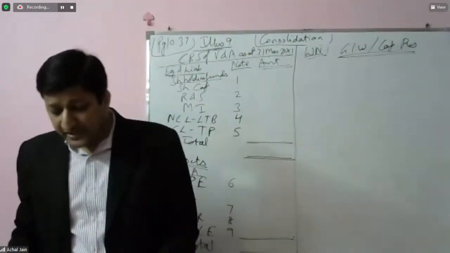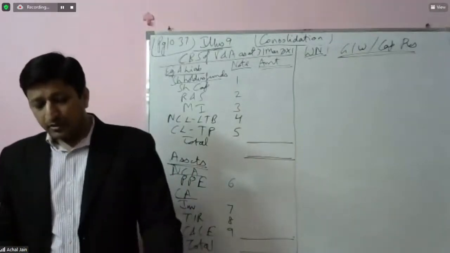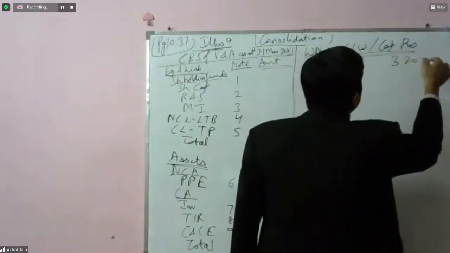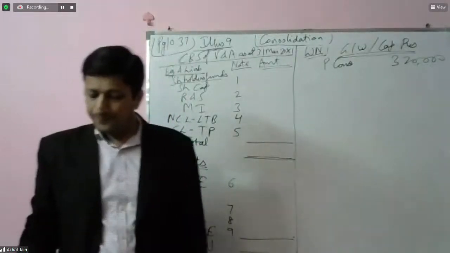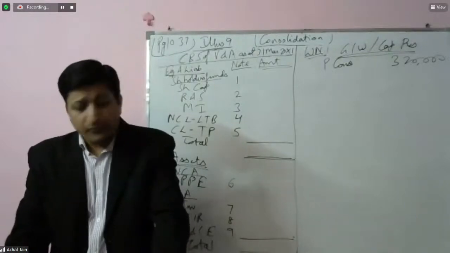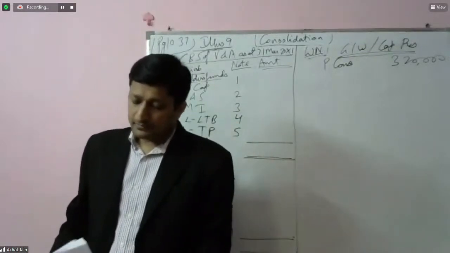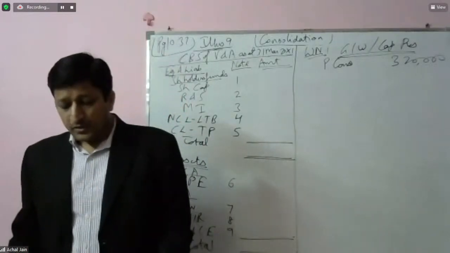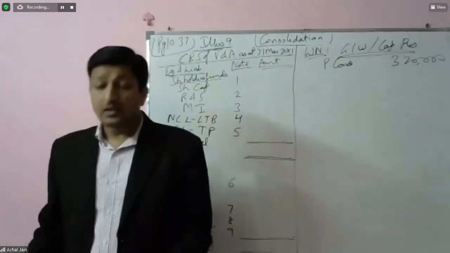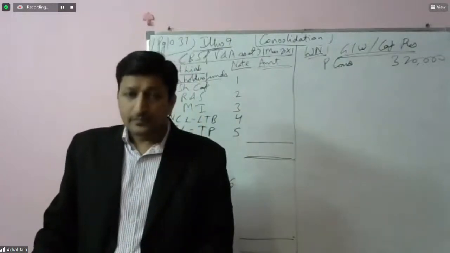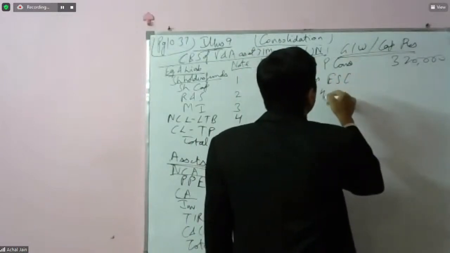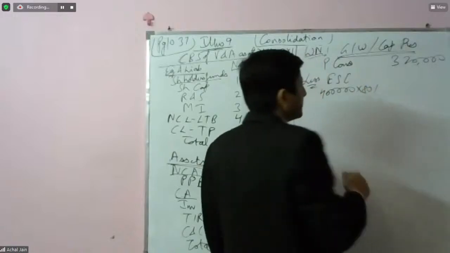Now, investment of V in A is 3,20,000. So we can say purchase consideration is 3,20,000. From this, what do we need to reduce? Pre-acquisition profit shares and the share capital. So the share capital of A Limited is 4 lakh into 80%, equity share capital.